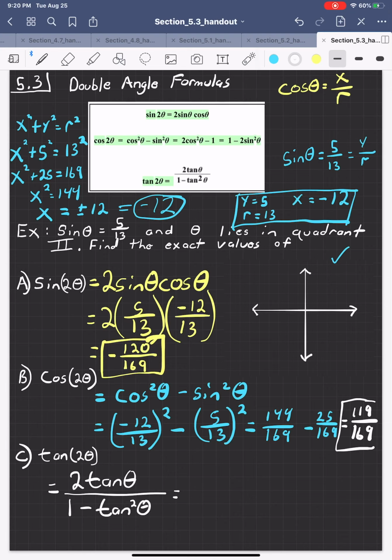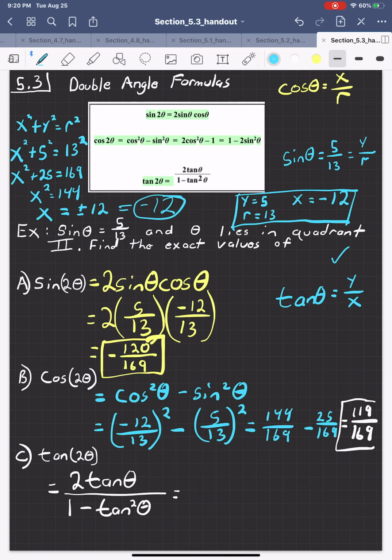All right, and let's take a second and give myself a little bit of space here. So sine of theta is y over r. Cosine of theta is x over r. What about tan of theta? Yeah, tan of theta is just y over x.